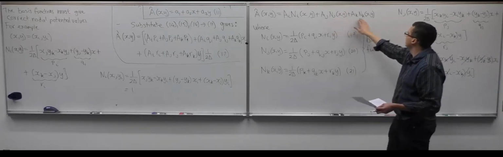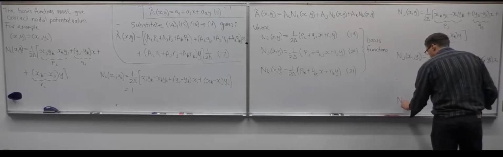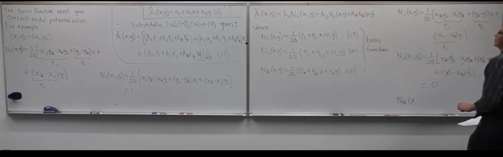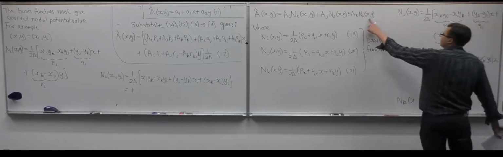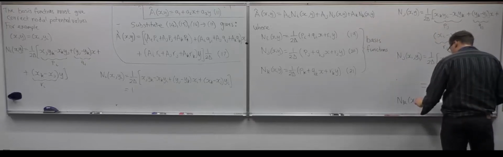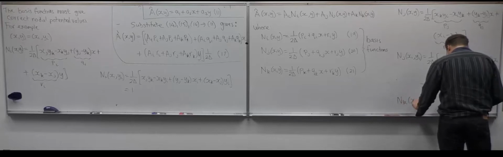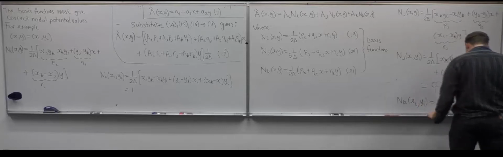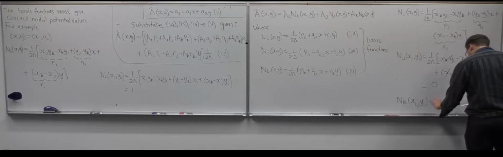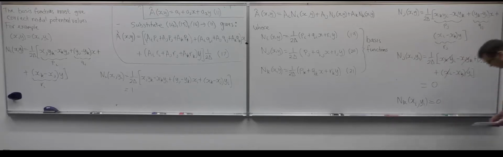And similarly, you can check that if you substitute xi, yi into Nk, you also get out 0. So if we do that, we put xi, yi in, and we'll end up finding it's equal to 0 too. Okay.